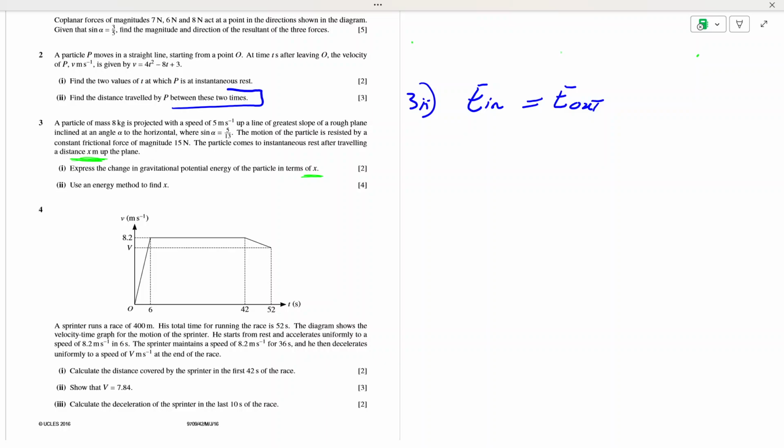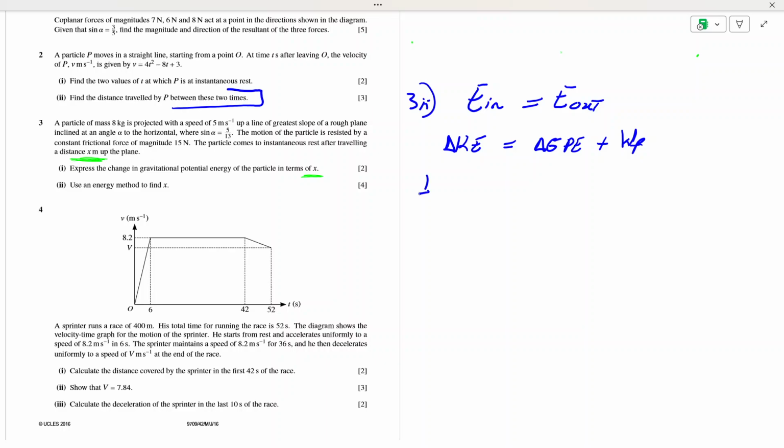What is the input energy? It says a particle is projected with speed. So the input energy is kinetic energy, right? Initially it is kinetic energy. Then it loses that kinetic energy as it gains height from the ground. And then it also loses some of that energy due to work done against friction, right?